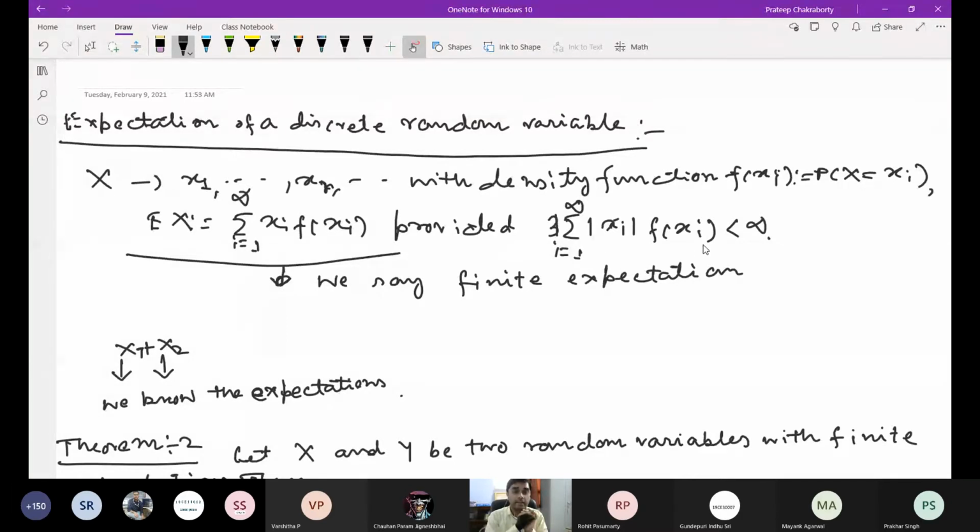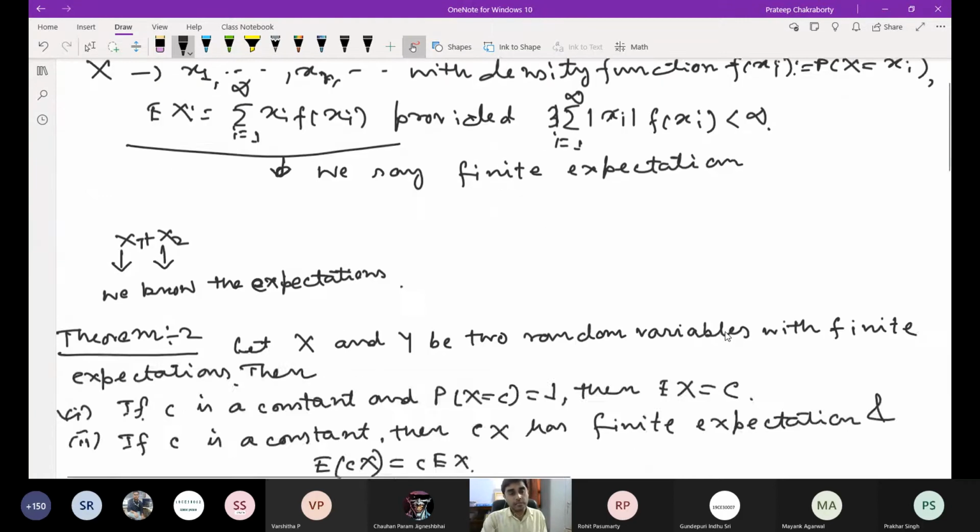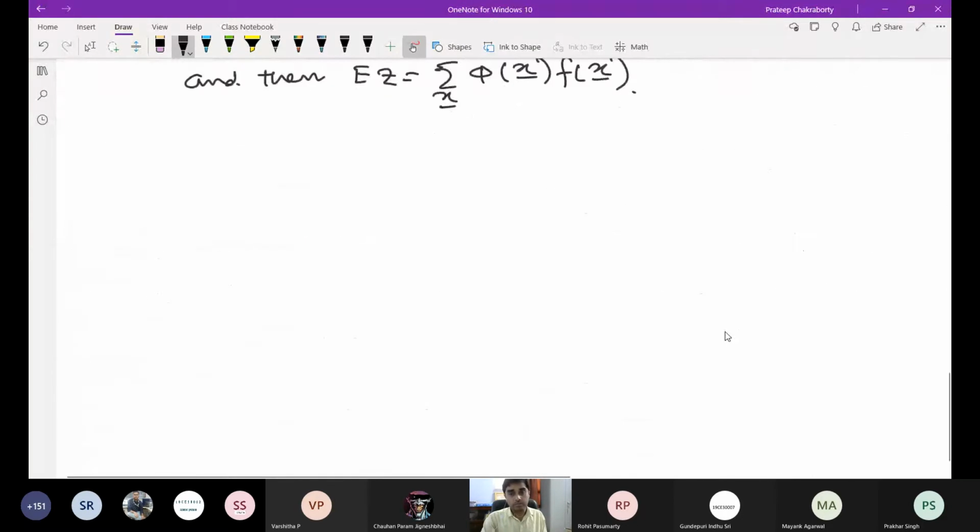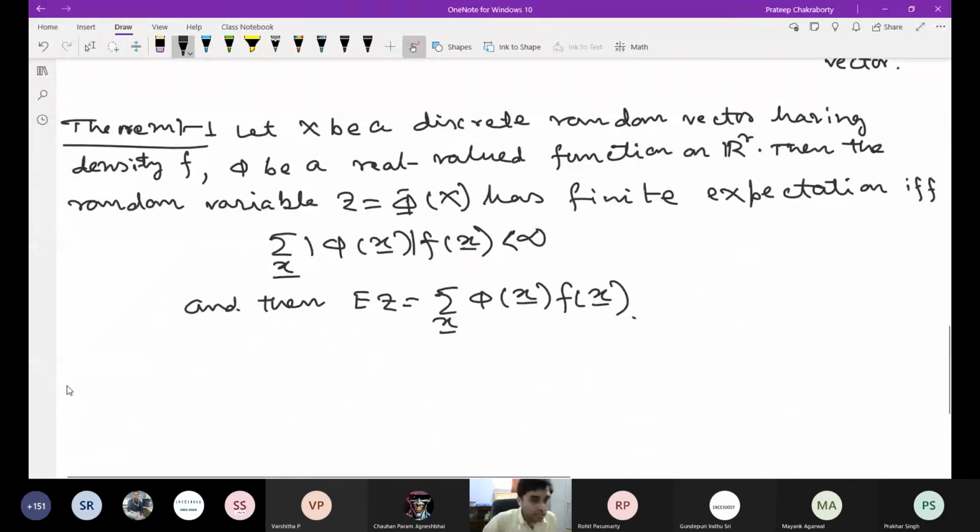In this case, if you rearrange in any way, E of X will always be finite. That's why we call this absolute convergence. This absolute convergence is needed. Any other questions? Good, very good question. Ask this type of question. Okay, now we go to the proof of the third part of theorem 2.